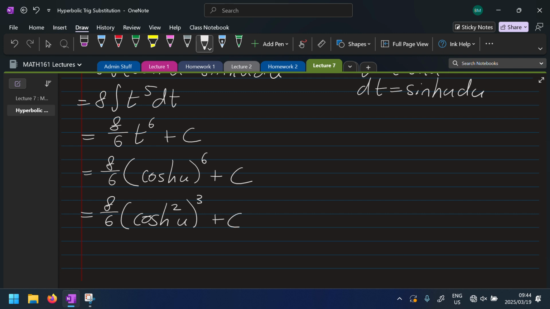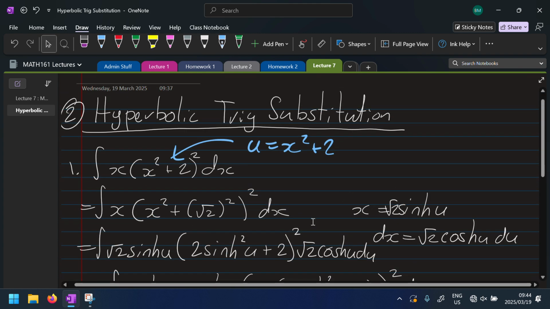I haven't changed anything, I just took the 2 inside, so it becomes cos hyperbolic squared. Why? Because we know cos hyperbolic squared and sine hyperbolic squared, we can go between them. If we've got cos hyperbolic squared, we can write that in terms of sine hyperbolic squared, and we know what that is.